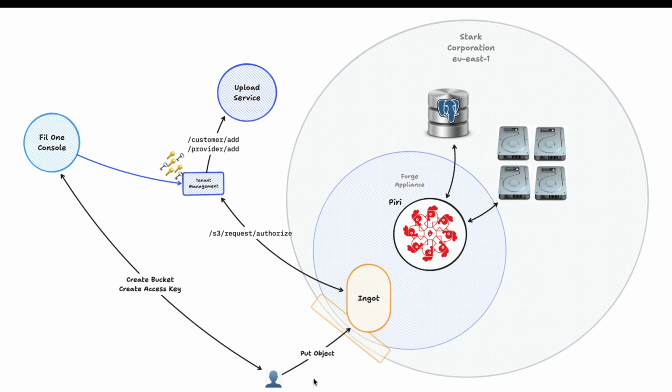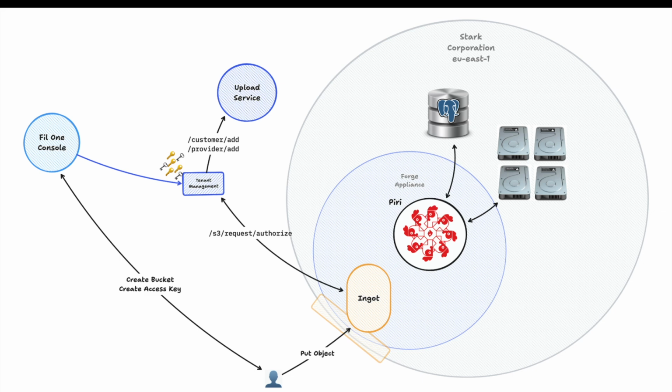So when S3 API requests come in to Ingot, Ingot actually goes off to the tenant management API and goes off to HILT. And it authorizes a request, and the process of actually authorizing that request results in UCAN delegations being sent back to Ingot, which allow Ingot to use the Forge network.